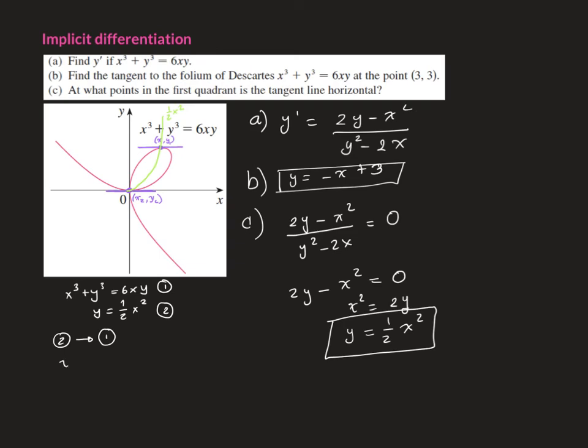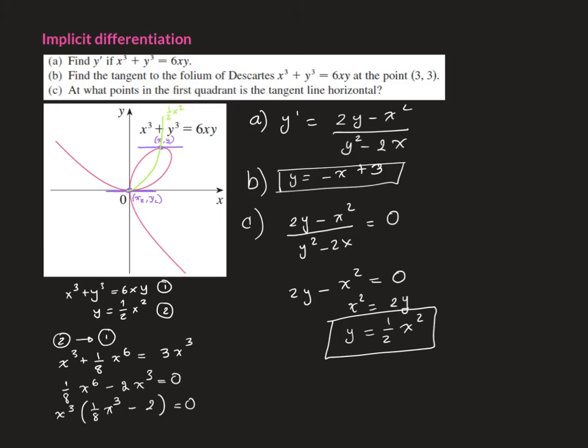And doing that, I get x power 3 plus 1/8 x power 6 is equal to 6 times x times 1/2 x squared, which is 3x power 3. This is the same as 1/8 x power 6 minus 2x power 3, and then I can factorize the common factor of x power 3: x power 3 times (1/8 x power 3 minus 2) equal to 0.